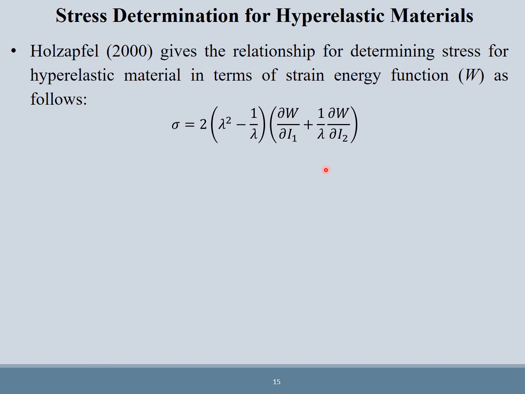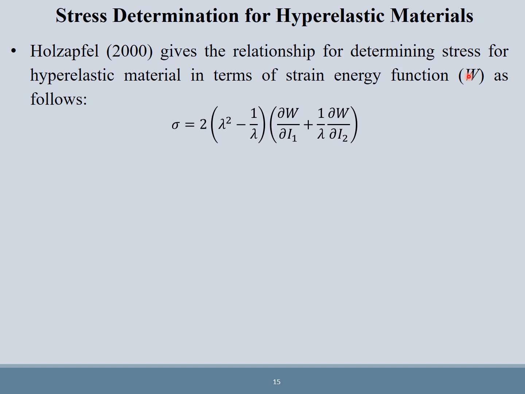Hall-Zepfel basically gives us, you can see, I1 and I2, that is a stretch based material model. This formula is only valid for stretch based strain energy function, in which material model W is given in terms of stretches.